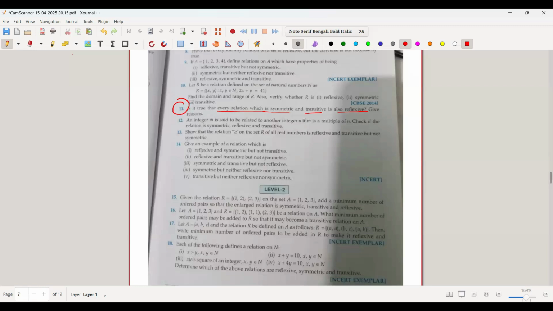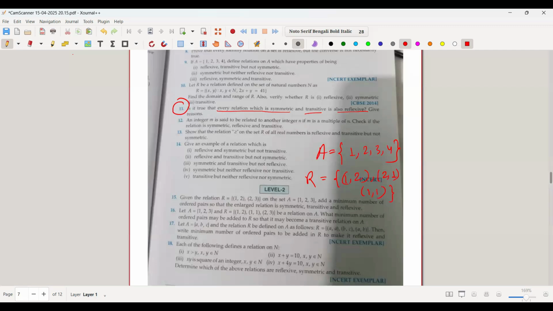False. Because suppose take A equal to {1, 2, 3, 4} and R is equal to {(1, 2), (2, 1), (1, 1)}.